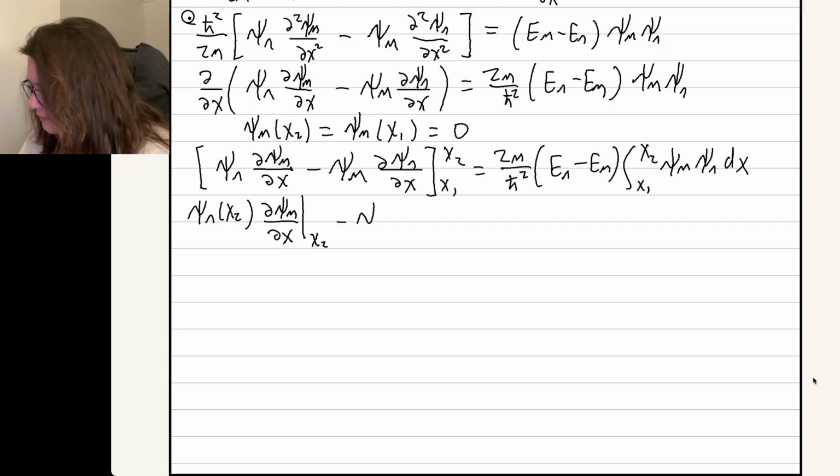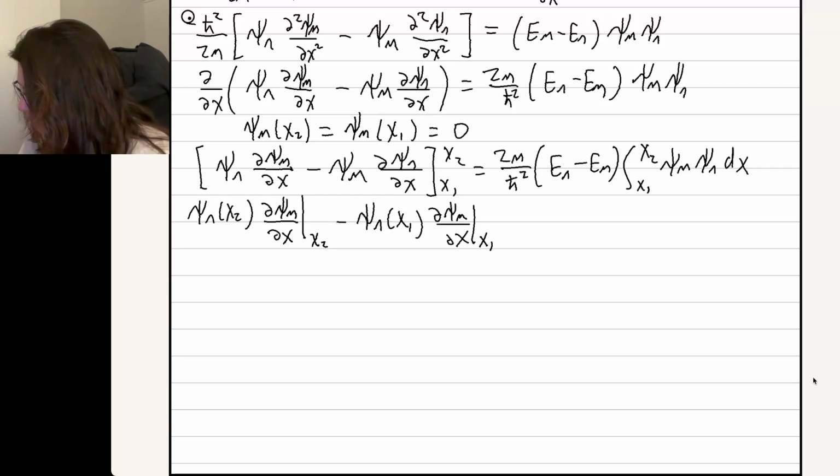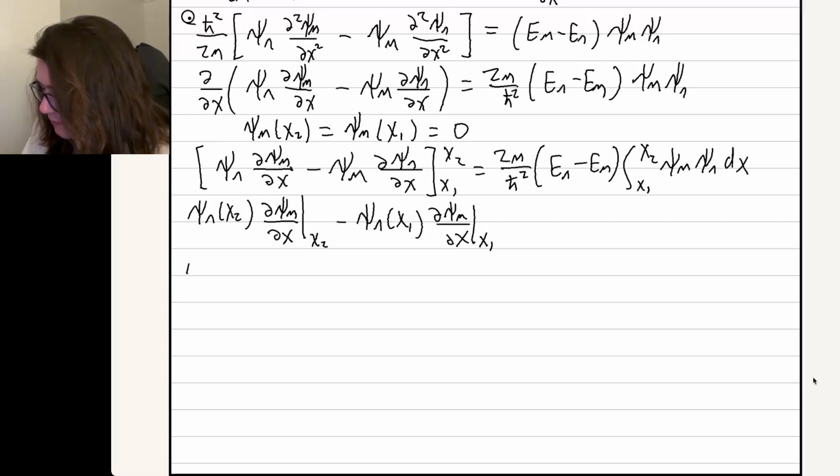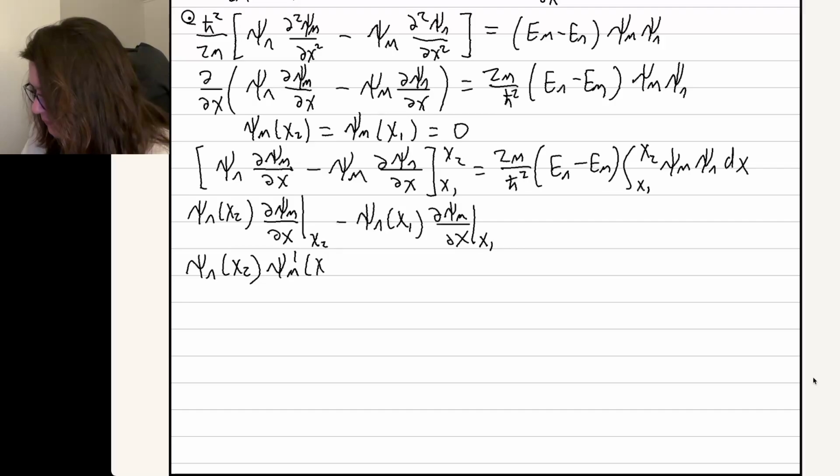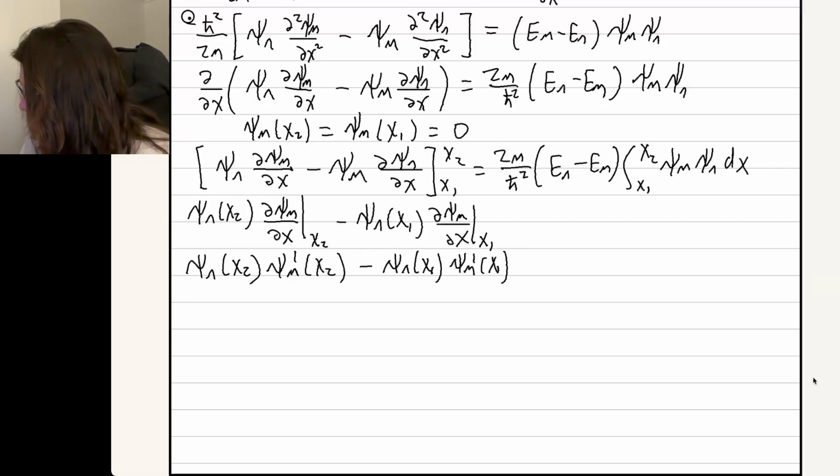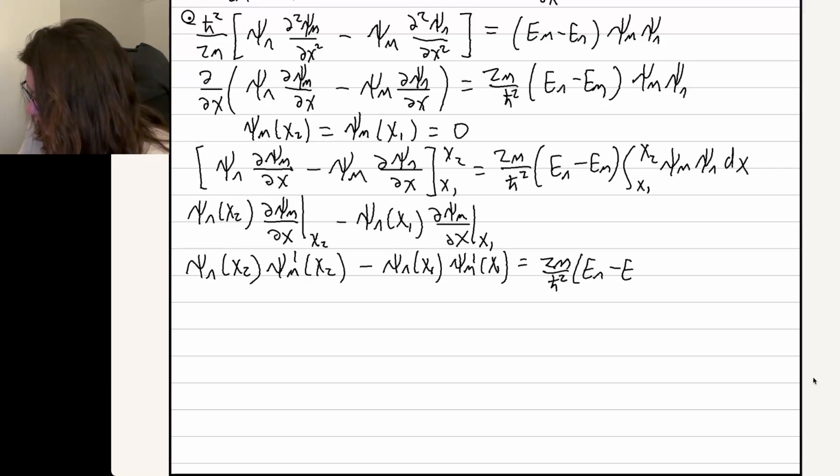We get minus psi n at x1 times del psi m del x evaluated at x1, and again you get 0 for the other endpoint term. So you can indeed write the derivative terms as psi m prime at x2 and psi m prime at x1, and then you have the result for part B.